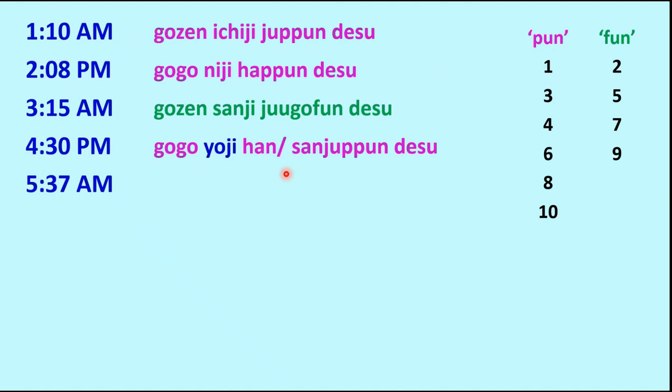5:37 a.m. So what will it be, friends? You may try this out. 5:37 a.m. What will it be? A.m. is Gozen. So Gozen. 5 is Goji and 37 is Sanju Nanahun desu.